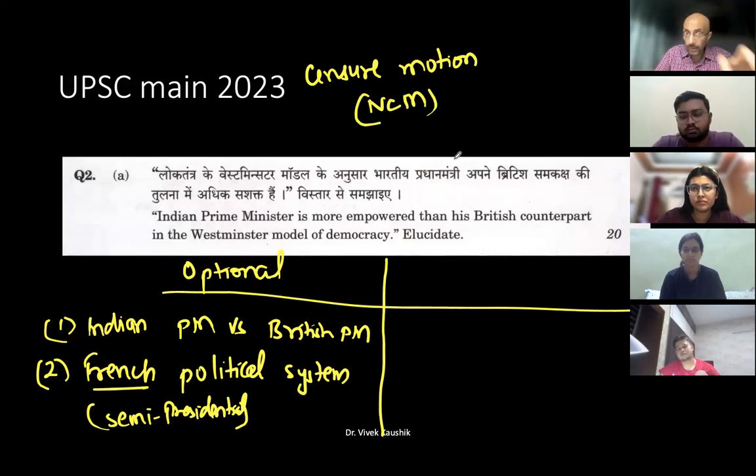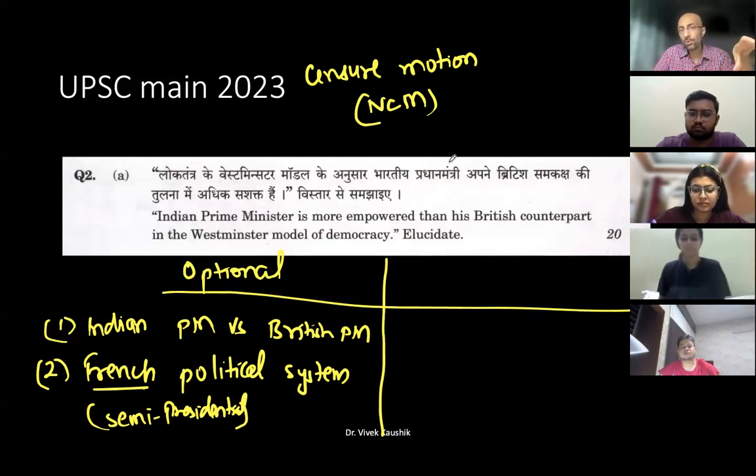That is why practically the PM has to be someone who has a majority in the National Assembly. That means whichever party has a majority in the lower house will decide who will be the prime minister, and the president is bound to appoint that person. It means the prime minister belongs to the majority party in the lower house.